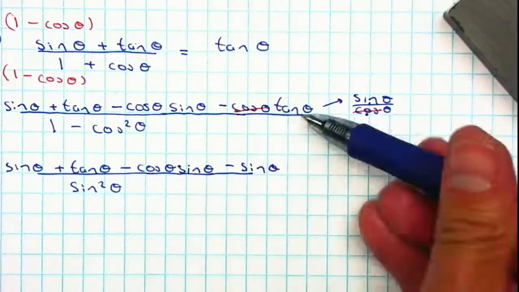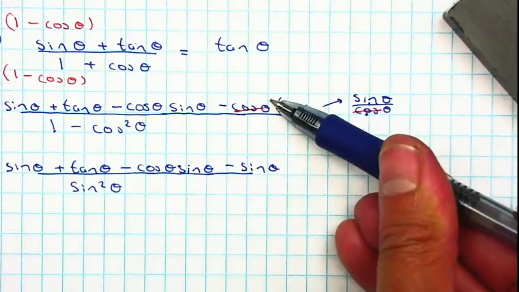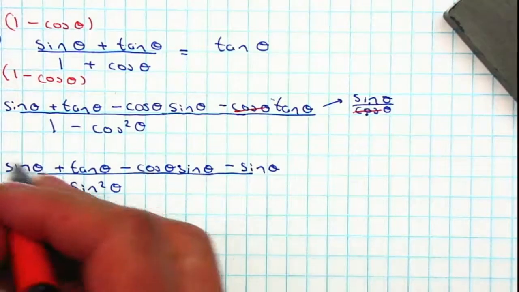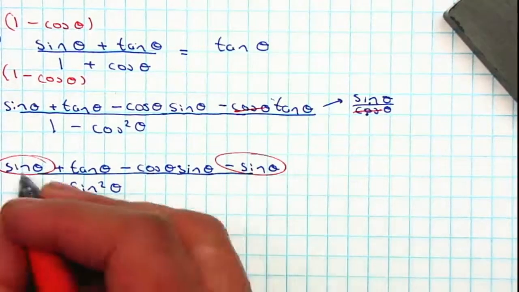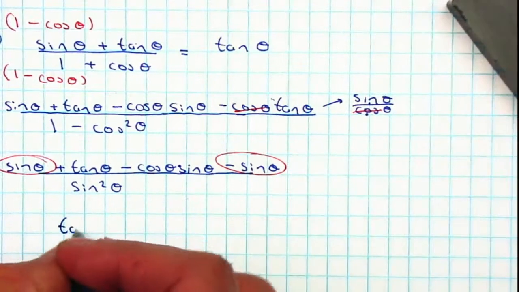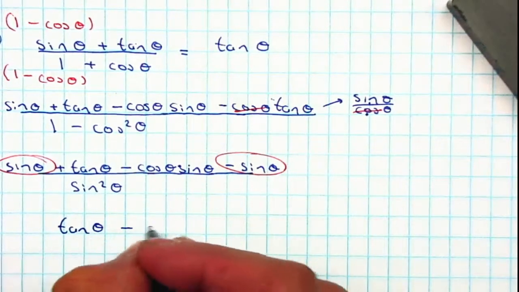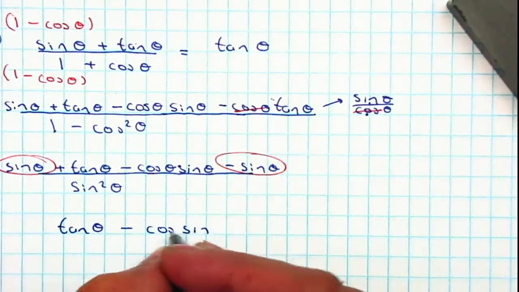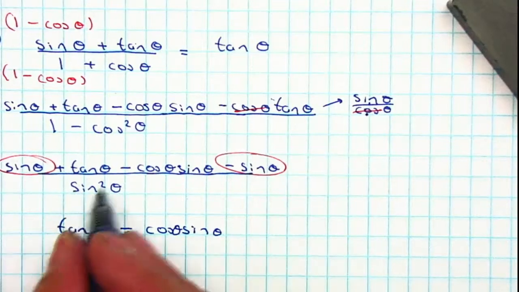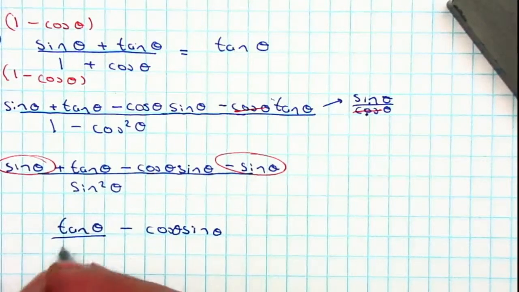Remember, your tangent is no longer there. My sine theta and negative sine theta cancel out, and I'm just going to have tangent theta minus cosine theta sine theta. And the sine squared theta is going to belong to them both.